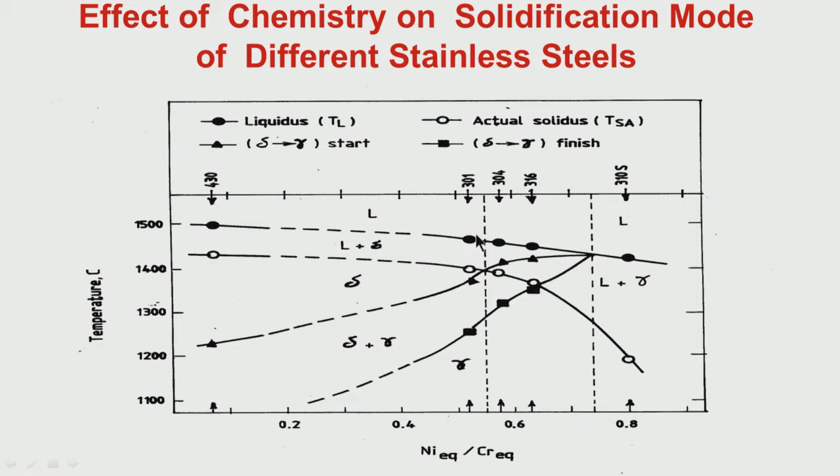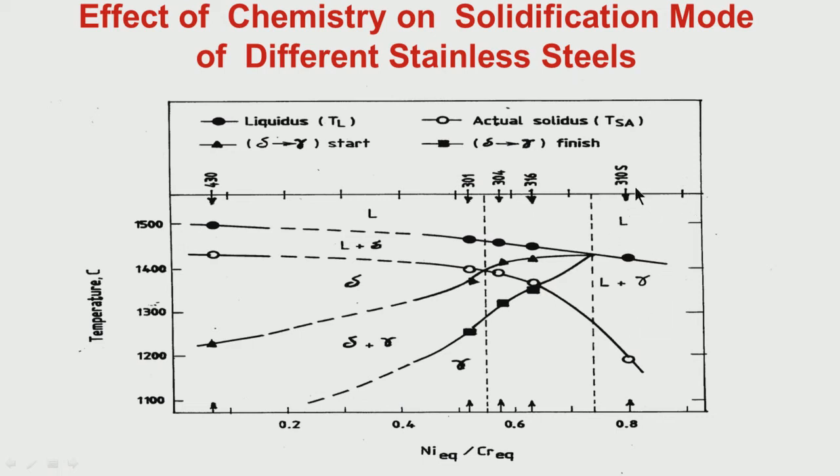Look at 301: solidification is complete through delta and delta to gamma takes place after solidification. In 304, delta to gamma takes place just before solidification completes. In 316, delta to gamma takes place much above completion of solidification, around 0.3 solid fraction, that means during solidification, towards the beginning of solidification.